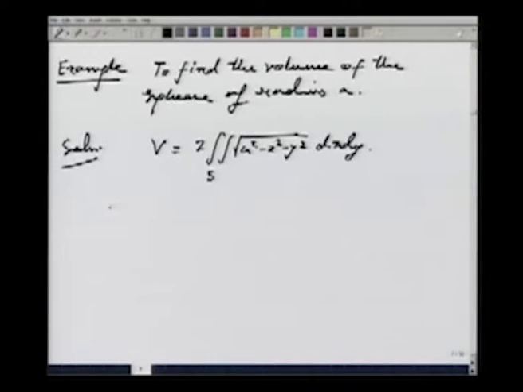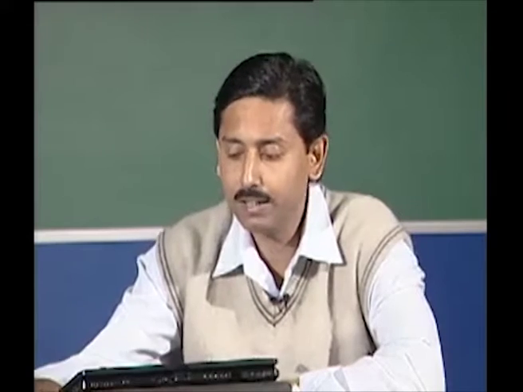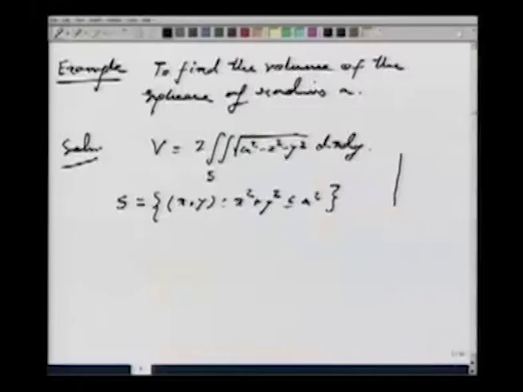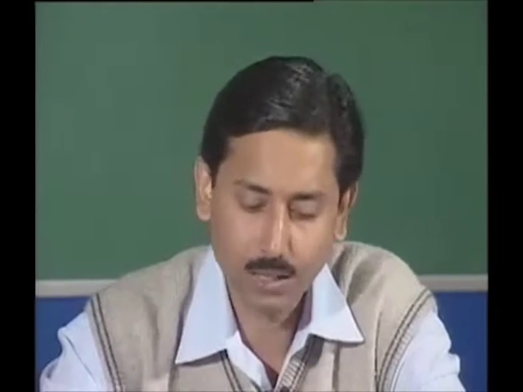So what is S? Such that x square plus y square is less than or equal to a square. Since I am taking the positive square root, I am actually finding the volume of the upper half of the sphere. But since I am multiplying by 2, I am going to get the volume of the whole sphere anyway.